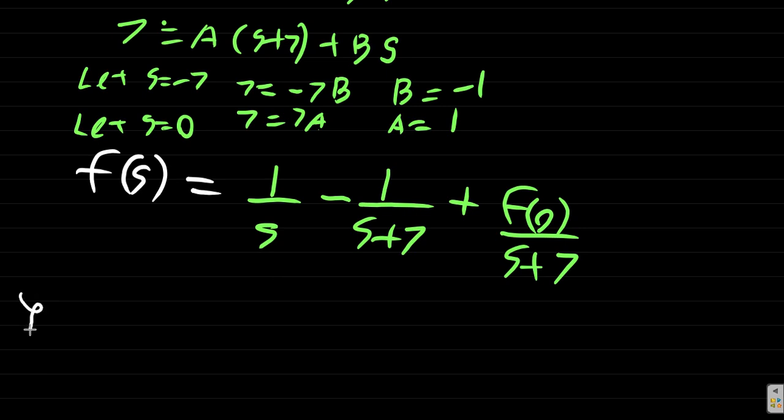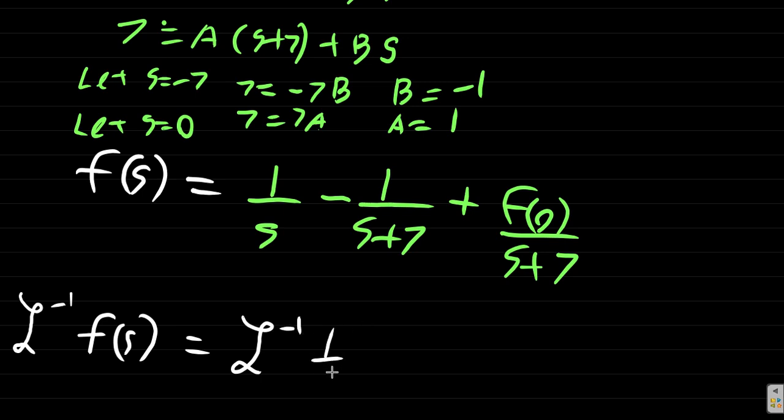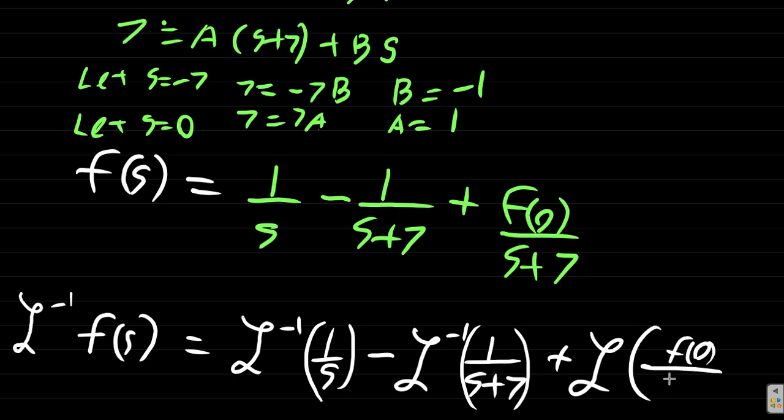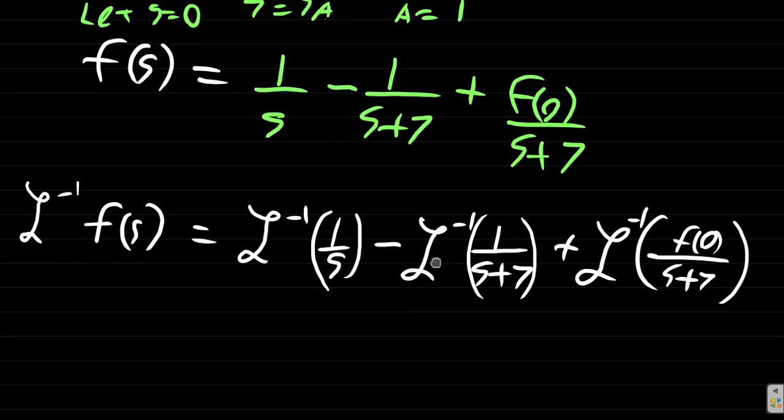So, the inverse Laplace of f of s is equal to the inverse Laplace of 1 over s, minus the inverse Laplace of 1 over s plus 7, plus the inverse Laplace of f of 0 over s plus 7. Alright, let's find the inverse Laplace transform of each side.